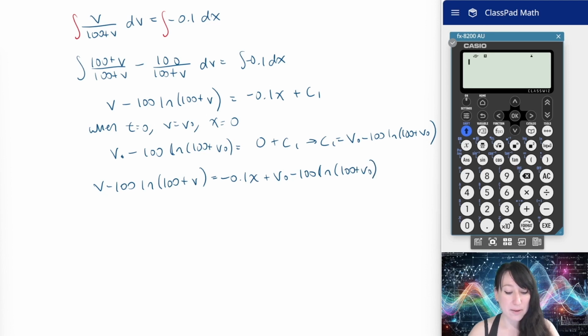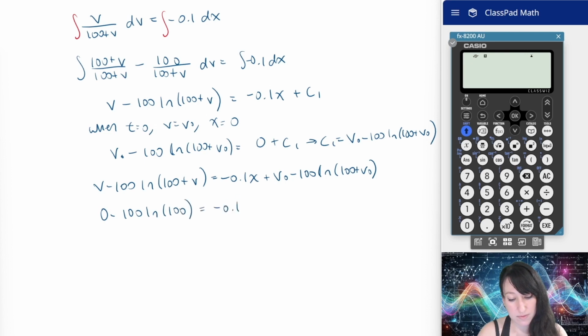And as we were saying, maximum height occurs when velocity is 0. So v will be 0, and then we could solve for x. So we'll just move those terms to the other side and use some log laws to put those ln's together.